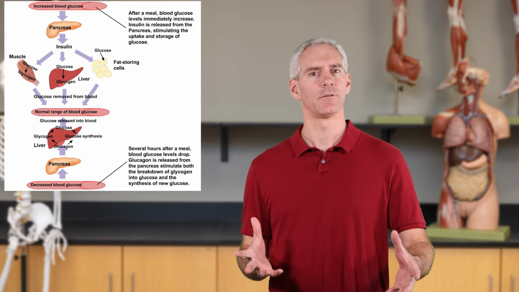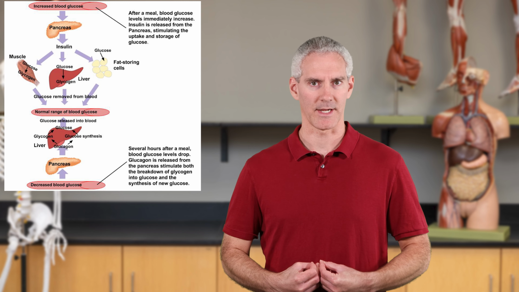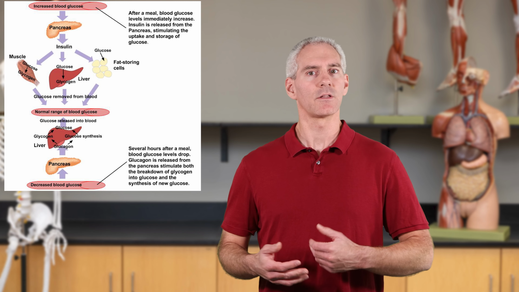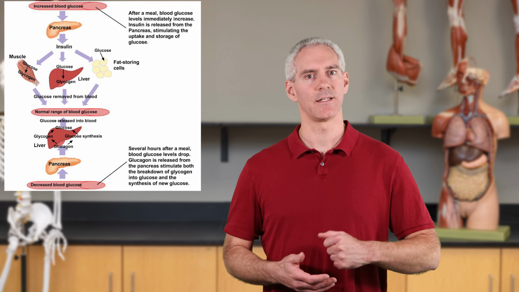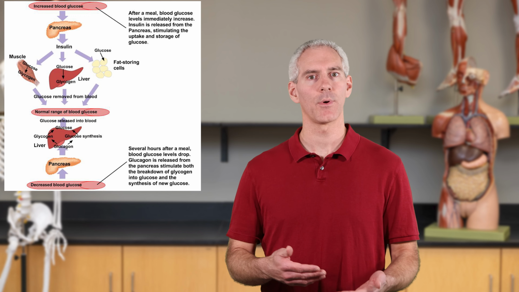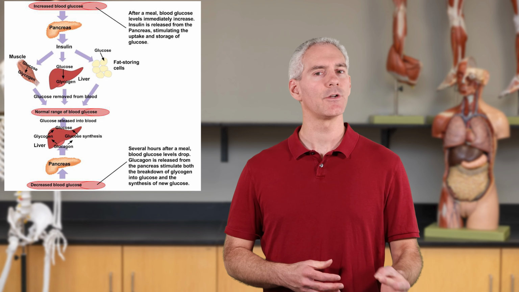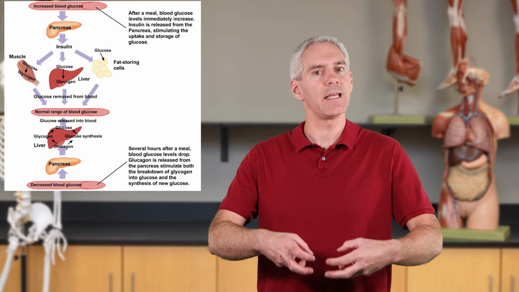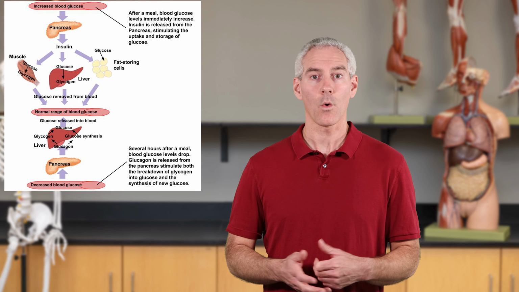Let's say you just had a nice big meal, with plenty of glucose being absorbed in your GI tract. Your blood glucose levels are elevated. That means insulin is being secreted. Insulin is going to help reduce blood sugar levels. It'll trigger your cells to uptake more glucose and either make energy out of it, ATP, or simply store it.